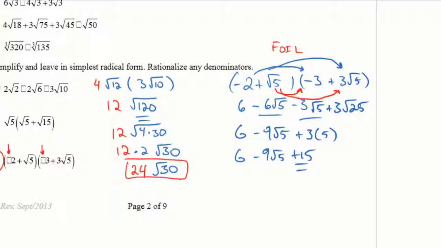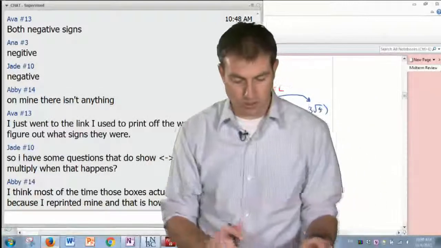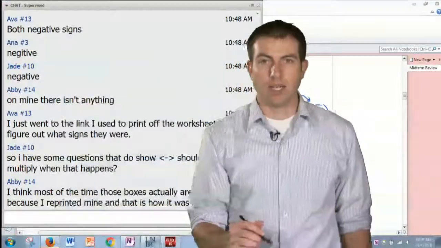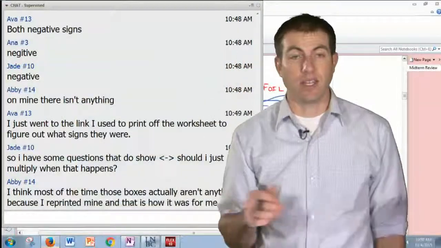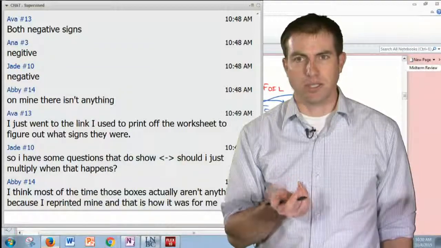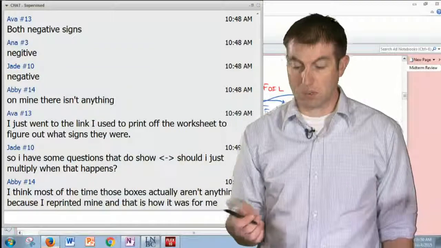I'm going to add my 15 and my 6 to give me 21 minus 9 root 5. I'll just go with that, with their negative signs there. If it was just nothing, then fair enough, there's nothing there. It just changes a little bit of the question, but the general idea behind it is probably the same.